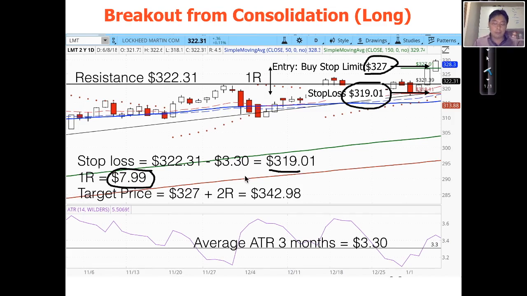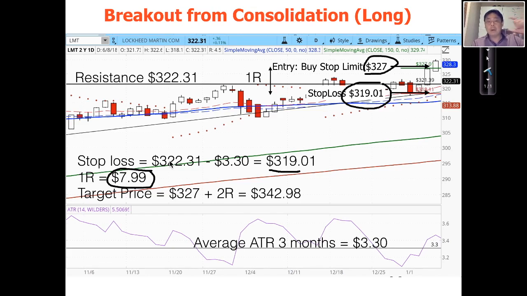Let me just double check that to make sure I got the numbers right. 327 minus 319. Yeah, that's right. Okay, so this 1R is $7.99. So that's my risk per share.